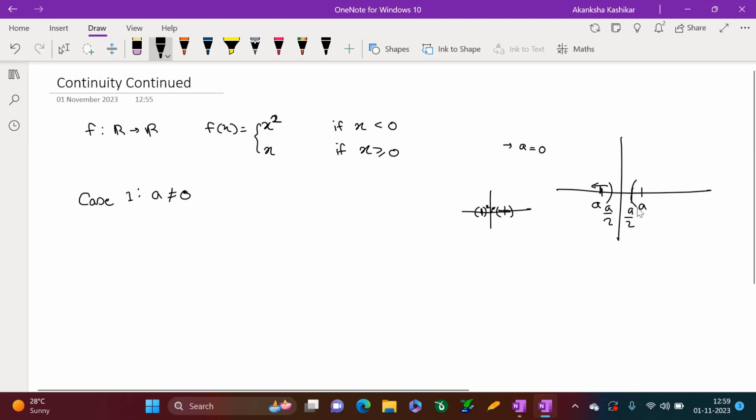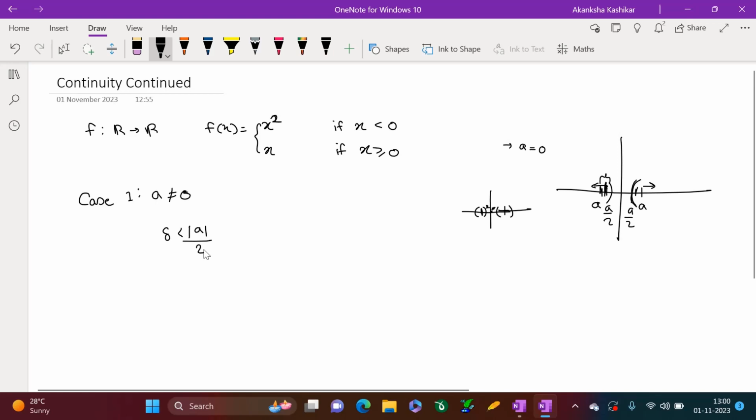So we will choose delta in such a way that the neighborhood always stays to the right of a by 2. What does it mean? It means my delta should be such that this difference should be larger than delta. The a plus delta should be within this. So delta should be less than the distance between a and a by 2, that is, delta is less than mod a by 2.